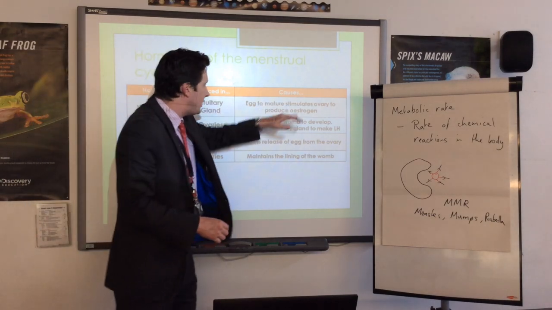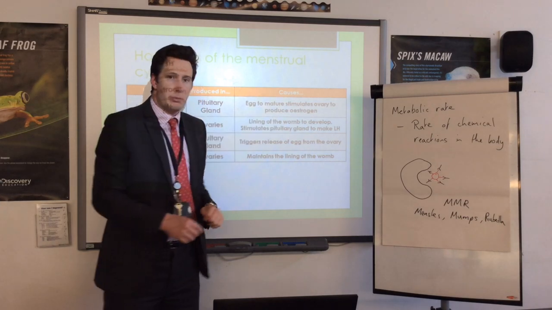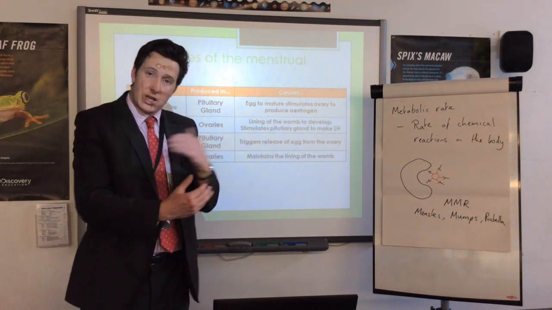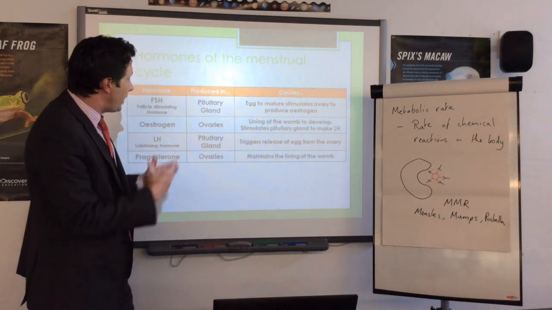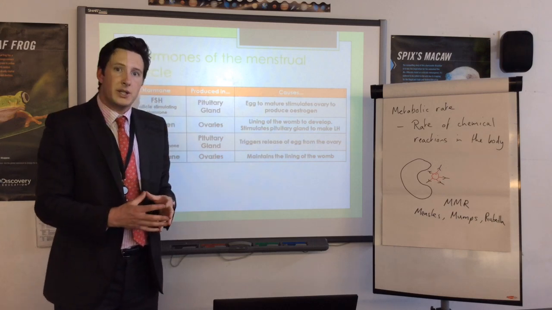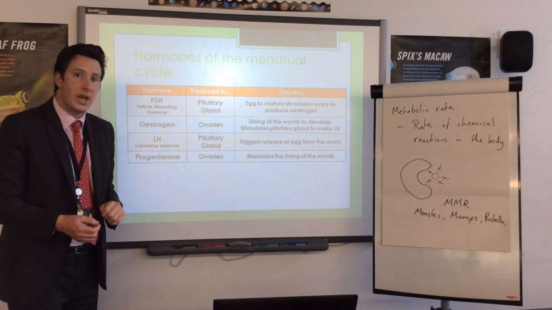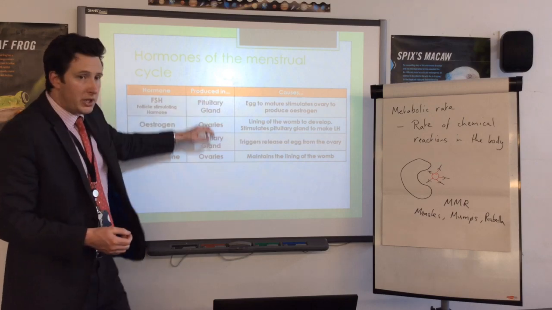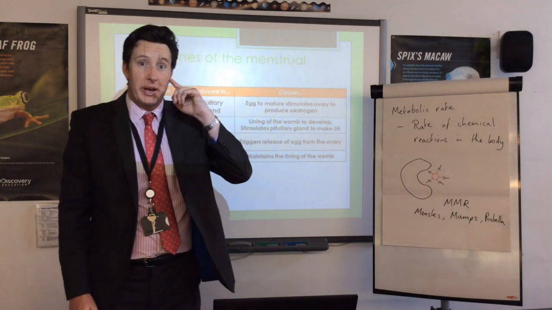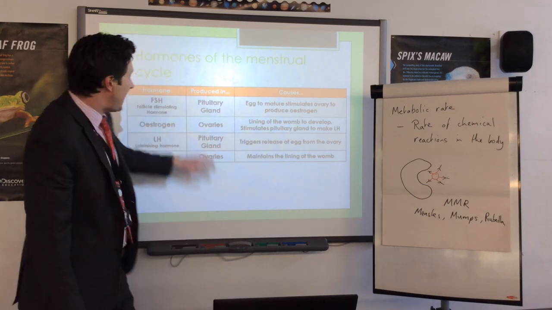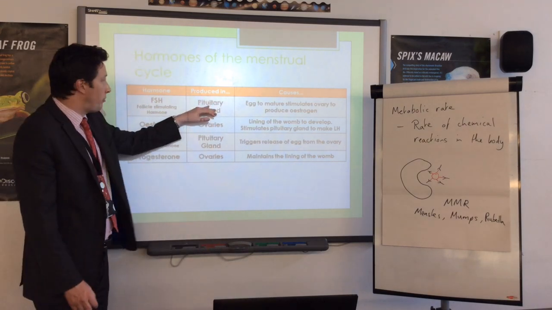It stimulates the egg to mature and the ovaries to produce estrogen. So it does those two things. So in the ovaries there are eggs and they mature when it senses follicle stimulating hormone. It's actually produced by the pituitary gland, which is a little gland at the base of the brain. Okay, so that releases it.